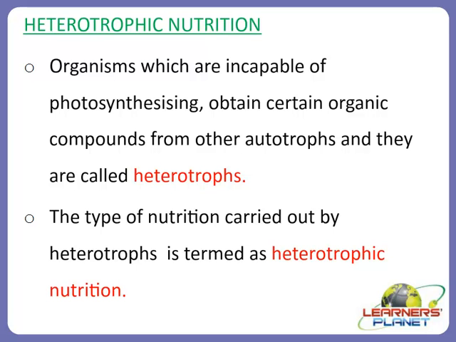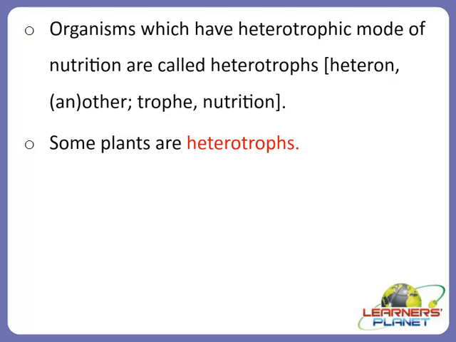Now let us learn more about this heterotrophic nutrition. As we discussed, organisms which have heterotrophic mode of nutrition are called heterotrophs. So what does this term mean? Heteron means other or another, meaning the organism will depend upon another organism or the green plants.